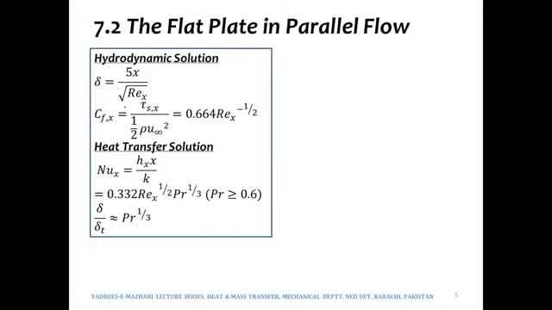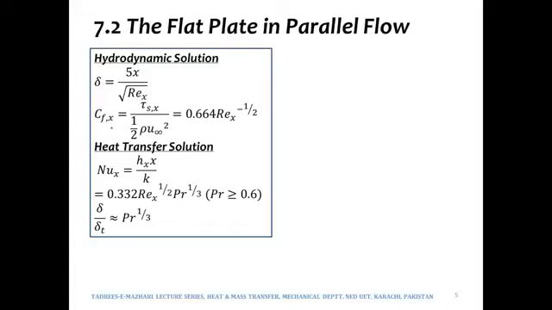Similarly, the coefficient of friction, and you can see over here it says CFx, right? So CFx means CF, coefficient of friction at a particular x. So you may also call it local friction coefficient, right? So again, we are discussing two types of parameters over here.